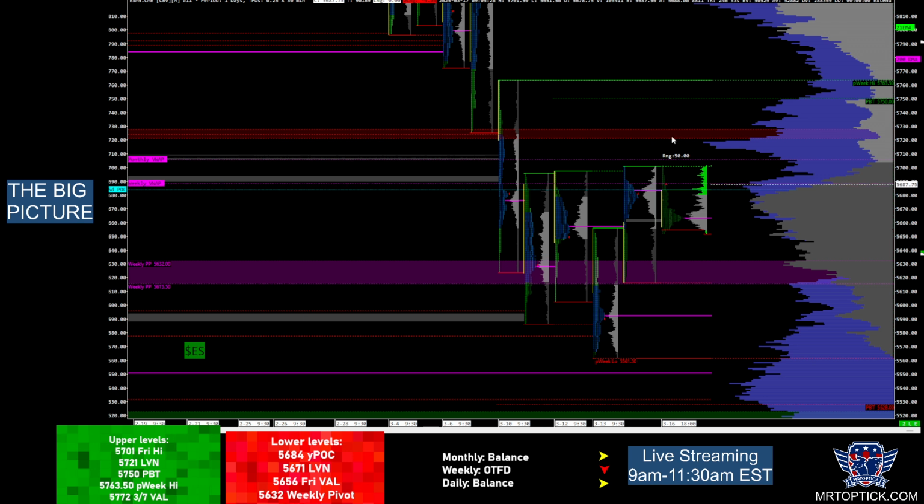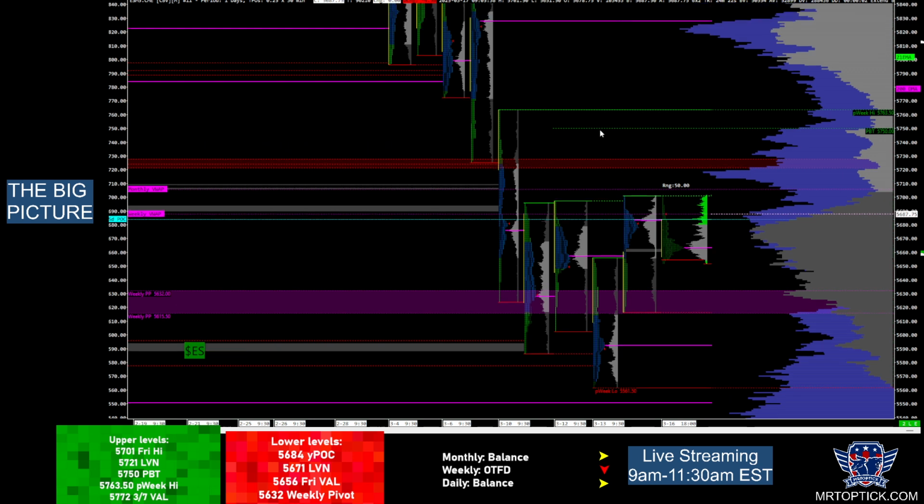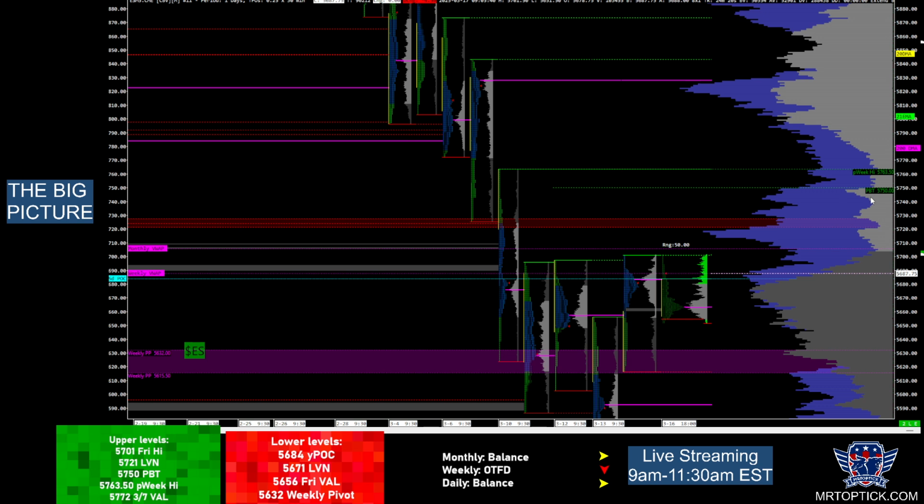So if this doesn't hold, if this doesn't bring the sellers and we come back into this high volume area, we can see some buyers step in here. Well, the first target in that case would be the 57.50, and then we have last week's high here at 57.63.